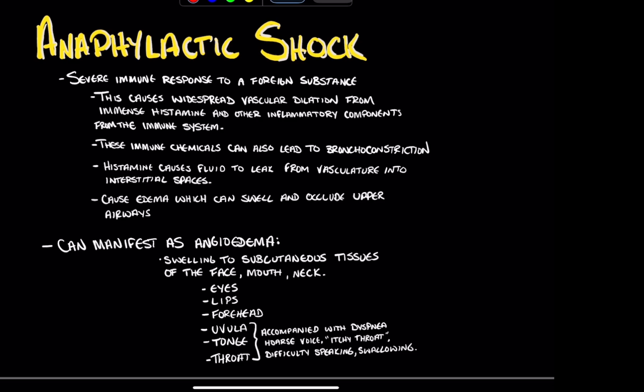The severe immune response will cause widespread vascular dilation, and you're going to have that immense histamine response, and the other inflammatory components of the immune system also will respond to this foreign substance. So it has some of the same factors as you would look at with septic shock with the immune response.